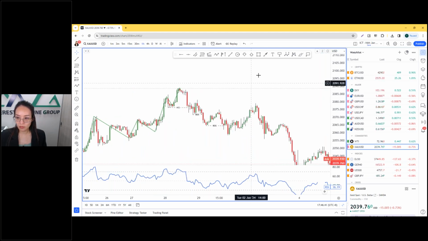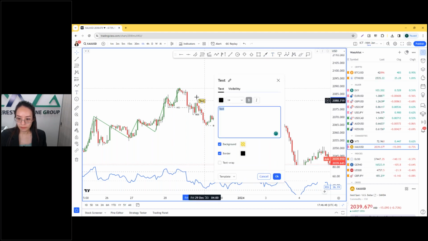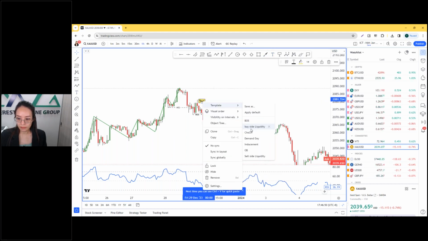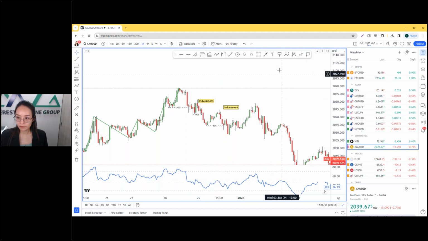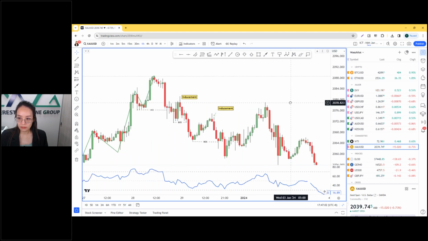And this is the one called inducement, here. Yeah, this is the one, and this is the one. So a lot of wick here, like here, over here.